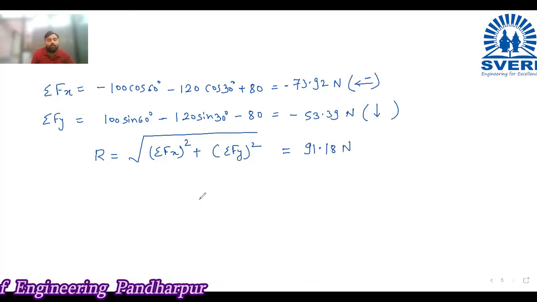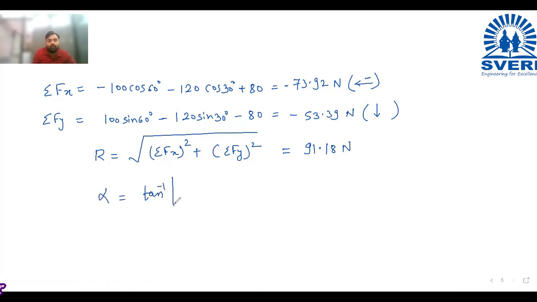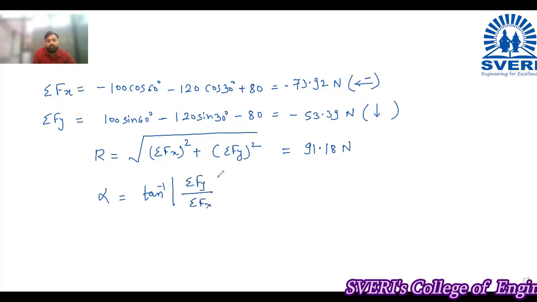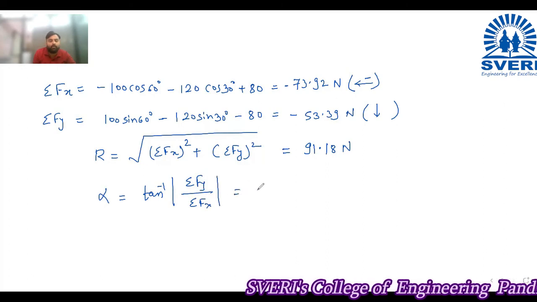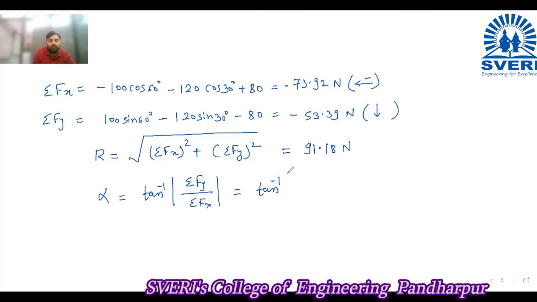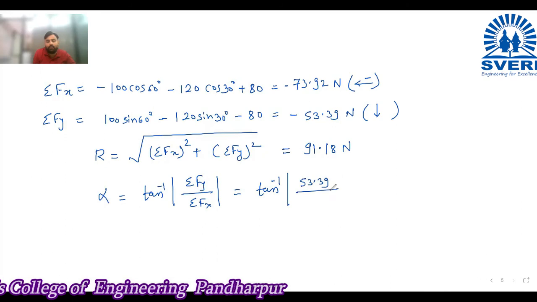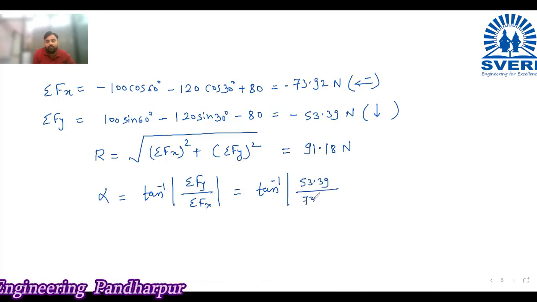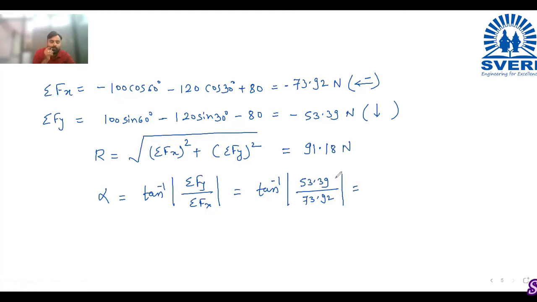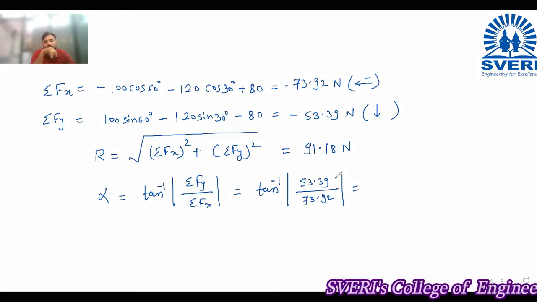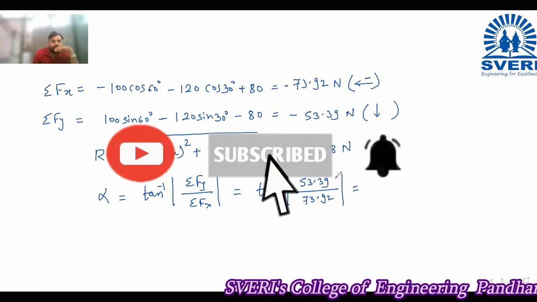Okay. Now calculate alpha. Alpha is equal to tan inverse of mod summation fy upon summation fx. So calculate now. Tan inverse 53.39 divided by 73.92. 50.55.